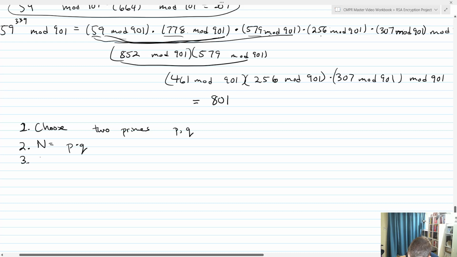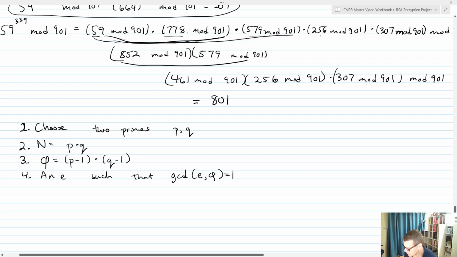Then 3, we'll find phi, which is going to equal P minus 1 times Q minus 1. Then we'll find an E such that the GCD of E and phi is equal to 1. Right? A relatively prime value E, right? And the GCD of E and phi ends up equaling 1.